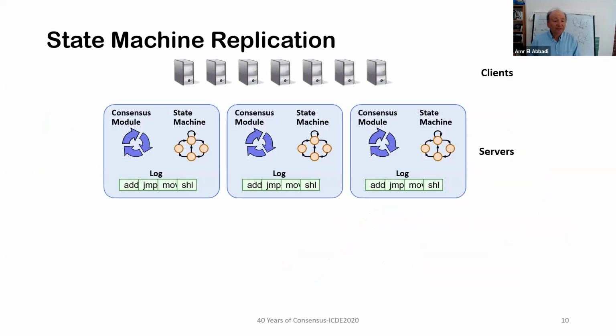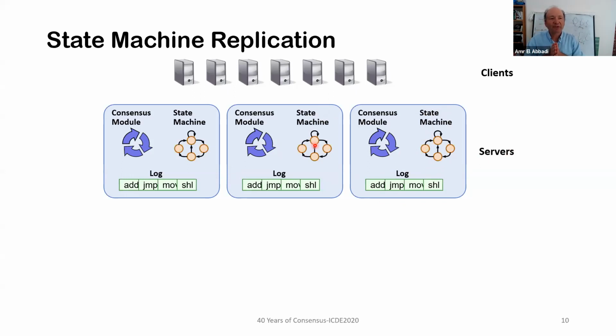So we have clients and we have servers, and we have multiple servers. They are all going to be copies of each other. What we would like to do is have a log, and this is typical in distributed systems. You have a database or a server that has a state, and the state reflects a sequence of operations that were executed on that object.